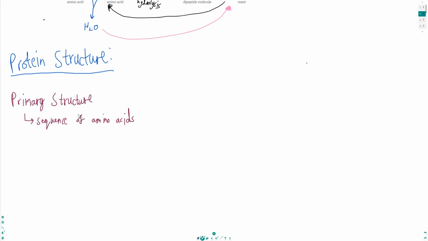The sequence of amino acids in a protein chain is called the primary structure. It's dependent upon the number of amino acids, but also what order the amino acids are in, as this primary structure then determines all the other levels of protein structure, and hence it can determine a protein's function.